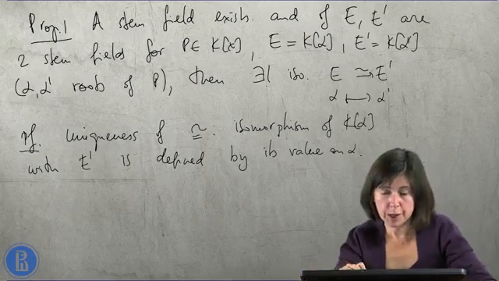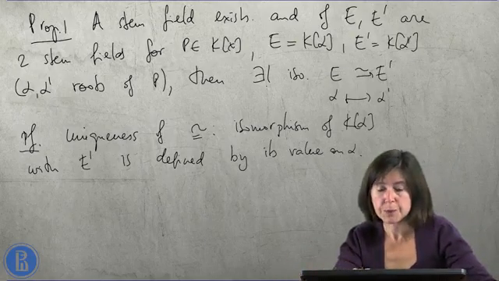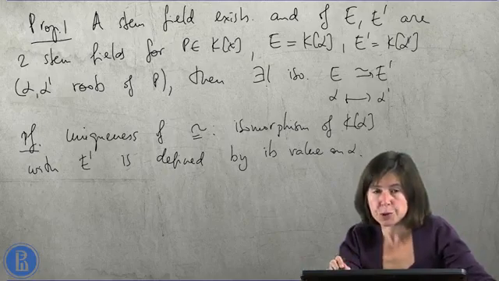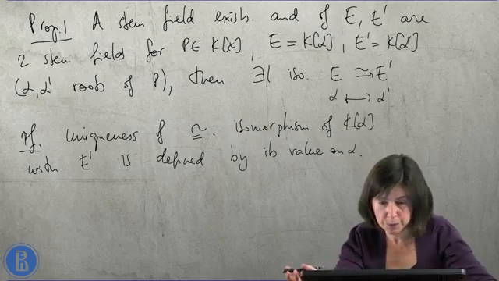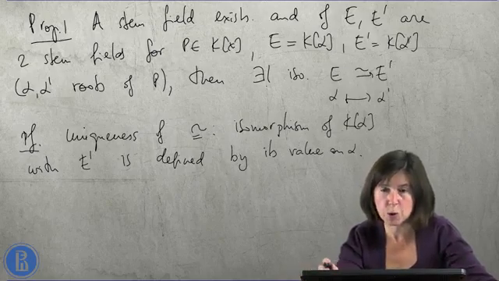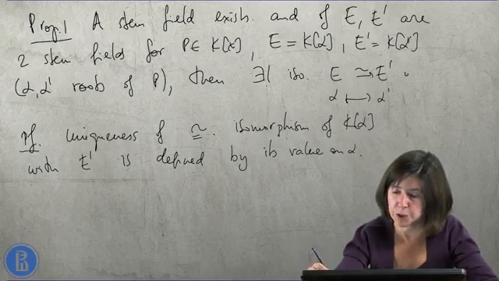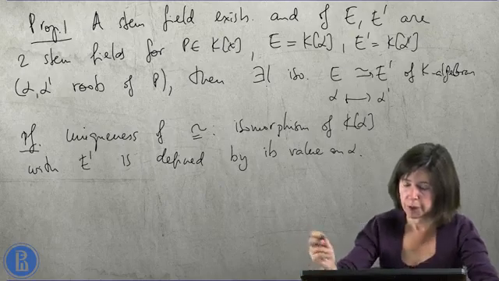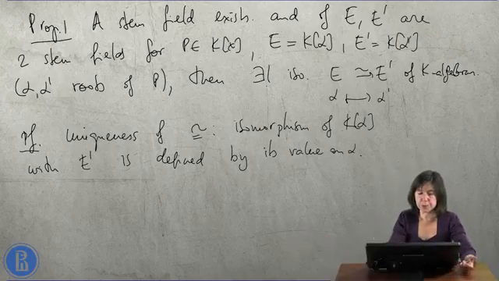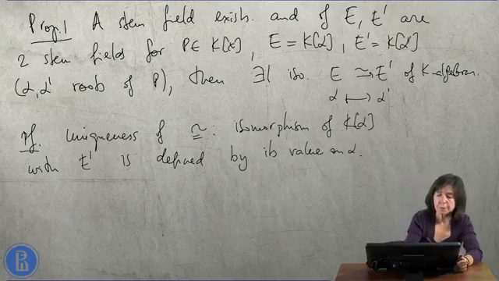Well, of course, I have to be precise here. I said there exists an isomorphism, but I must say an isomorphism of what? Of course, not only of abstract fields, but of extensions of K, so of K-algebras. Then it is really defined by its value on alpha. So what I still have to prove is the existence of such an isomorphism.